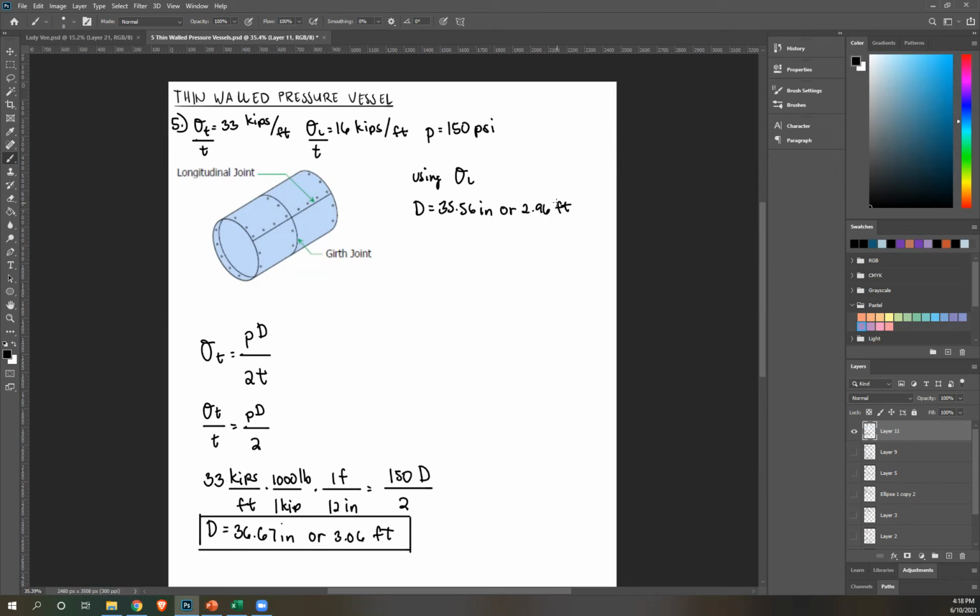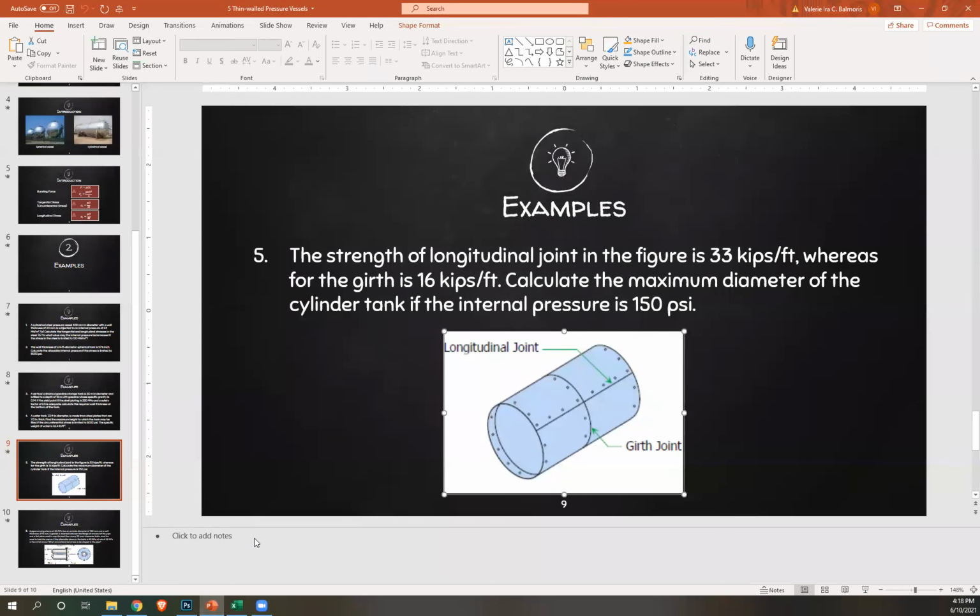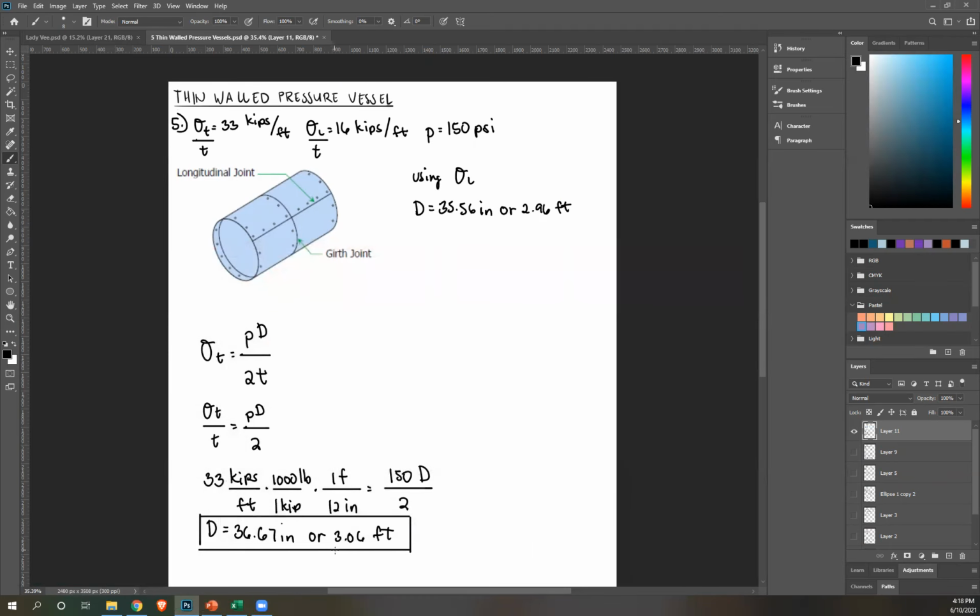When it comes to dimension, we're going to choose the larger one. So it's the opposite for force. When we're given choices for force, we're going to choose the least amount. For dimensions, that's different. We're going to choose the higher amount. So the maximum diameter is 3.06 feet or 36.67 inch.